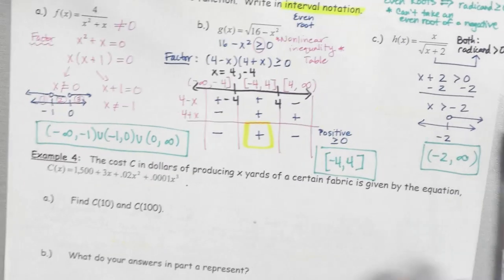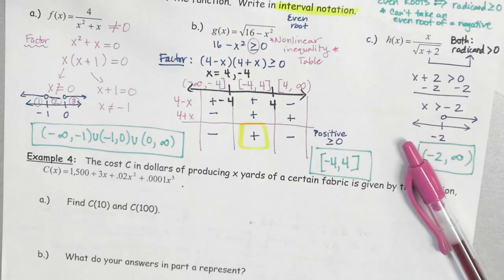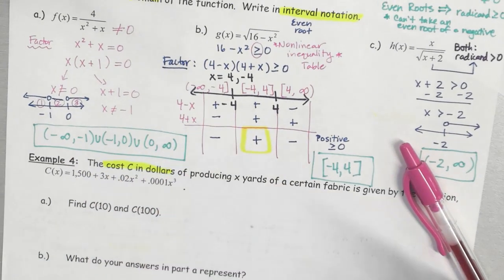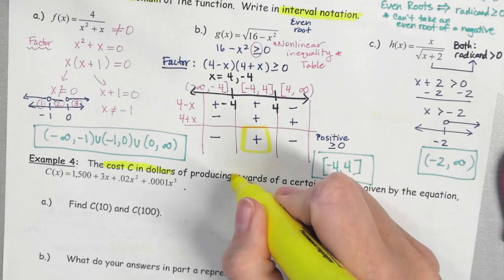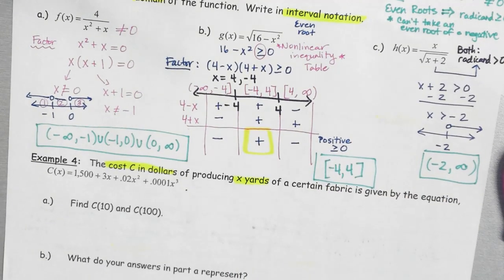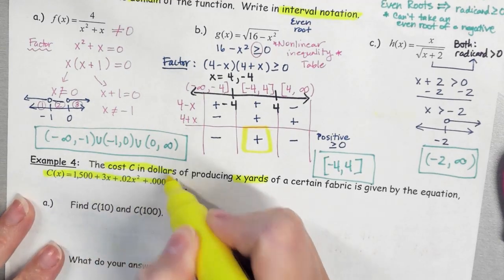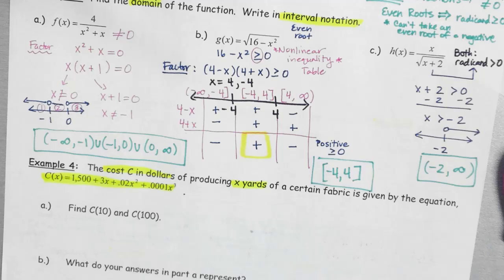Okay, and then for example 4, we're talking about the cost in dollars. So the cost C in dollars of producing X yards of a certain fabric. And they give you an equation, C of X, that represents that cost.